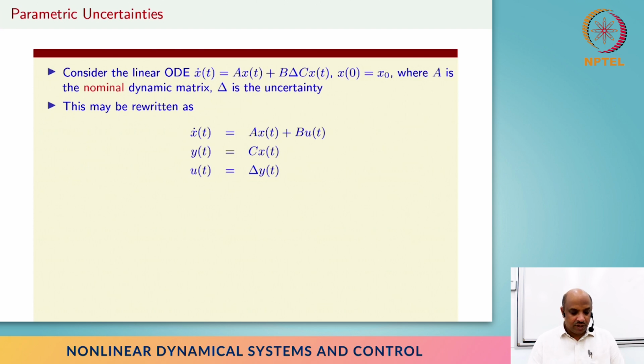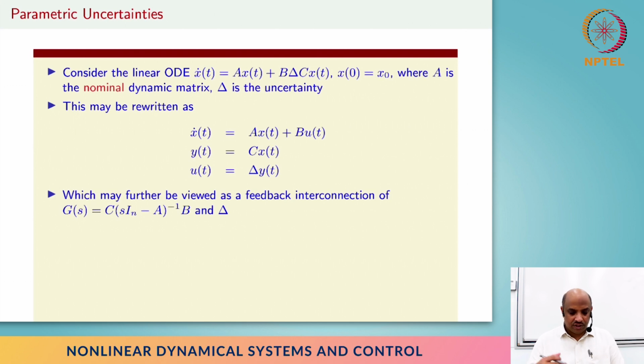So anyway, going back to this model, x dot equals A plus B delta C times x, we can rewrite that as these three equations: x dot equals Ax plus Bu, as if there is some input, and y equals Cx as some output, and u is basically the component connecting u and y through this uncertainty delta.